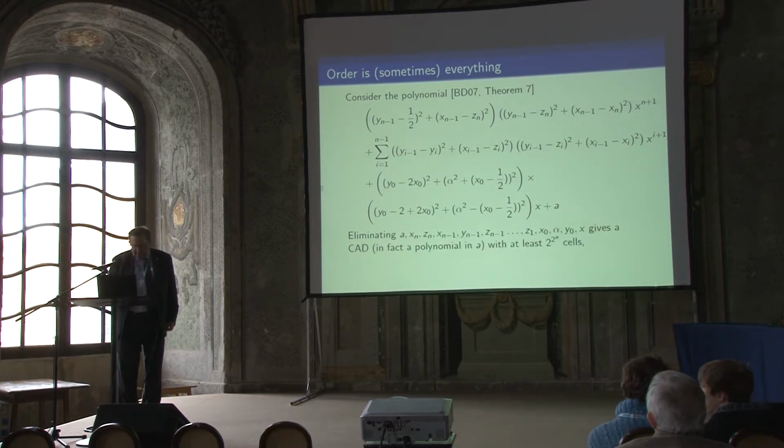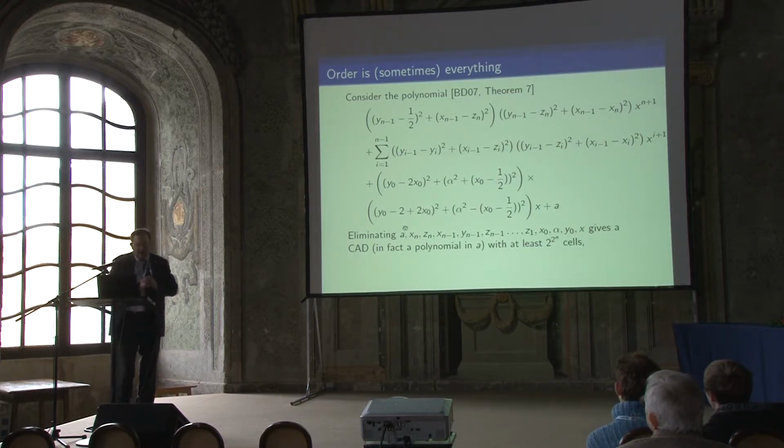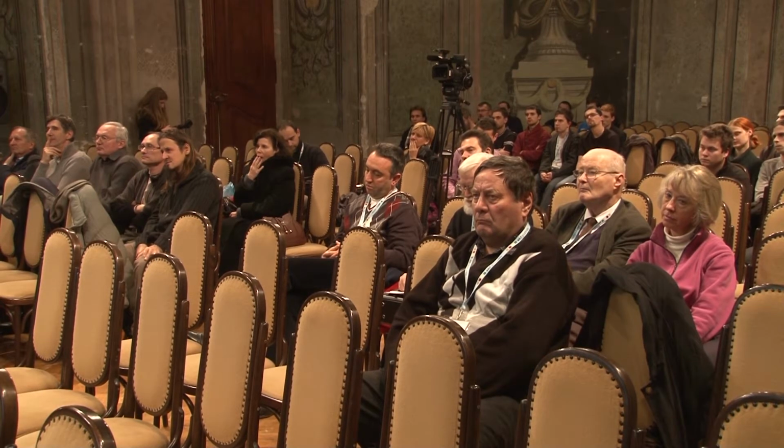If I eliminate in the order, I first eliminate z1, first eliminate x, then y0, then alpha, then x0, and so on, and the last variable I eliminate is a, then I get a cylindrical algebraic decomposition with at least 2 to the 2 to the n cells.